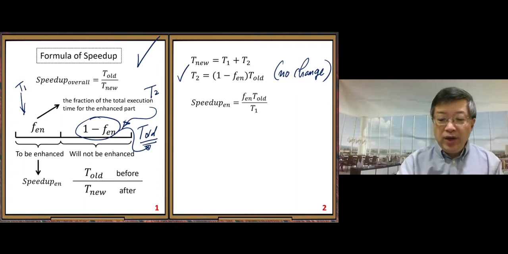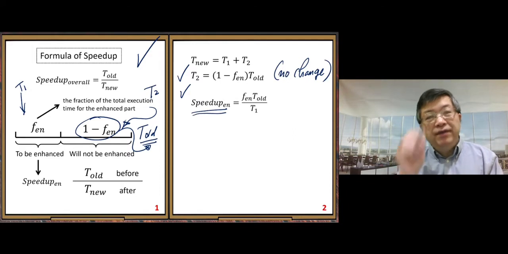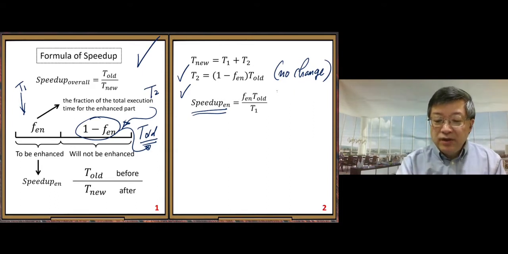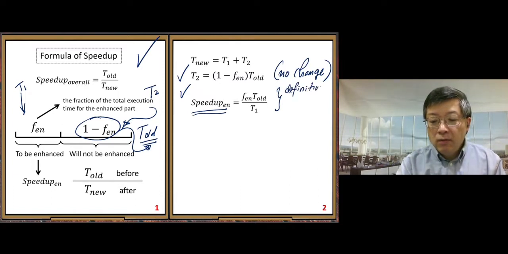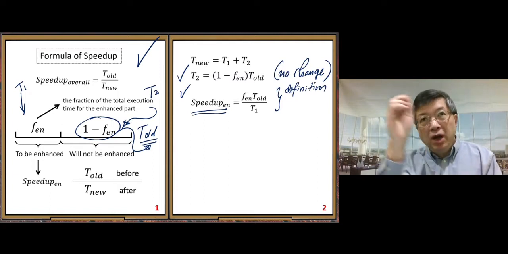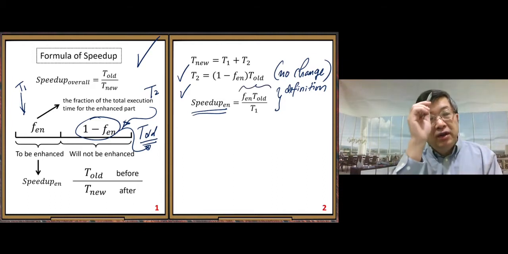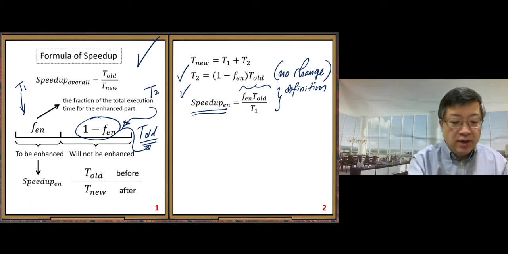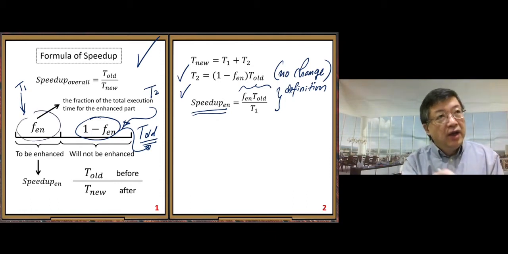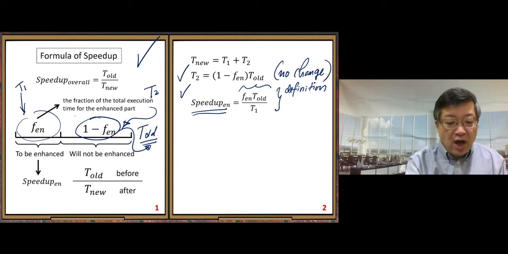Okay? Then the T1 part. For T1, we want to use this formula. First, we have Speedup En, this number given. We assume we have this number. Then, based on the Speedup definition, the execution time before enhancement for this part is En fraction times T old.